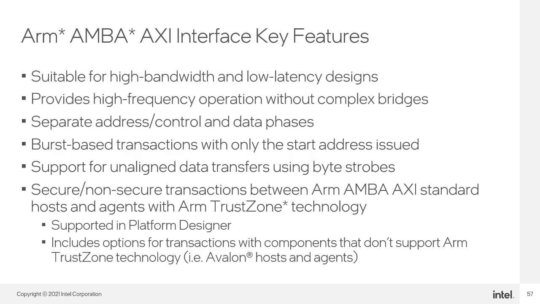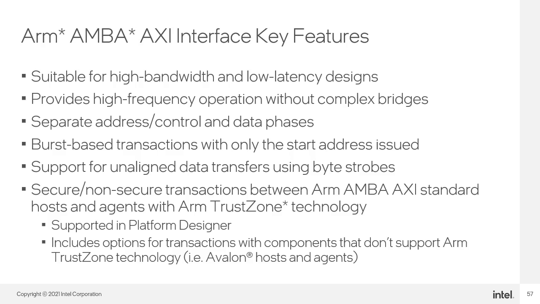The key features of the AMBA AXI standard are listed here. The Arm AMBA AXI standard is most suitable for high bandwidth, low latency designs without the need for complex bridges between components. It features separate address and data phases for every transaction, unlike Avalon, where additional signals are required for pipelined transfers.